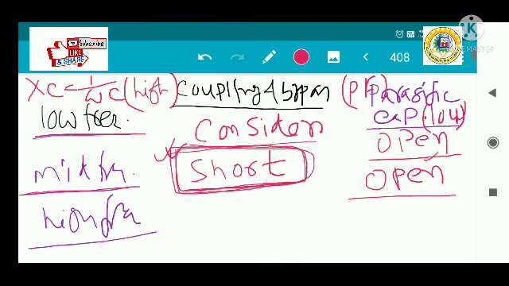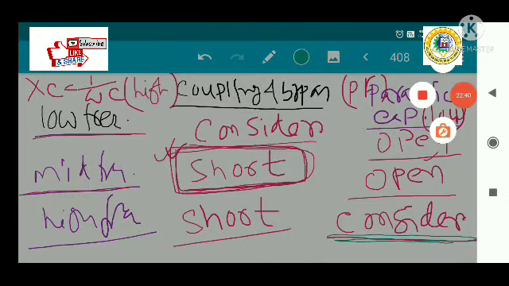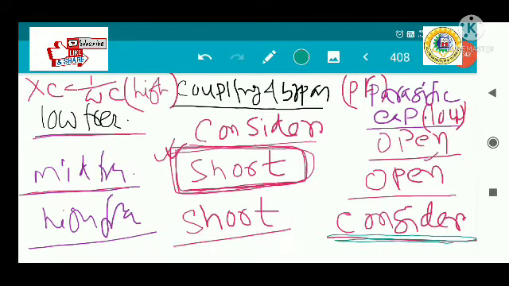And in the case of high frequency you have to consider this capacitance. You cannot say that it is open, you have to consider it. So whenever you want to analyze the transistor at high frequency, you must consider the parasitic capacitance that exists inside the BJT.